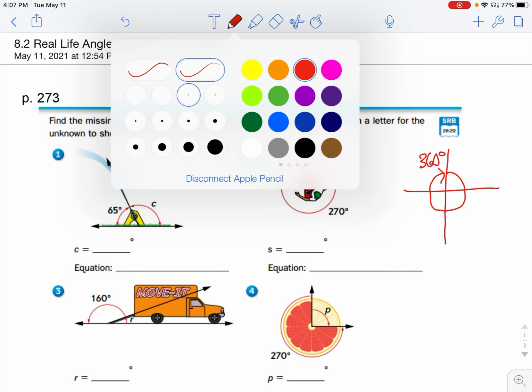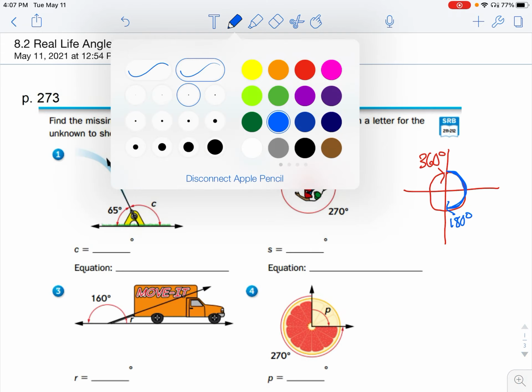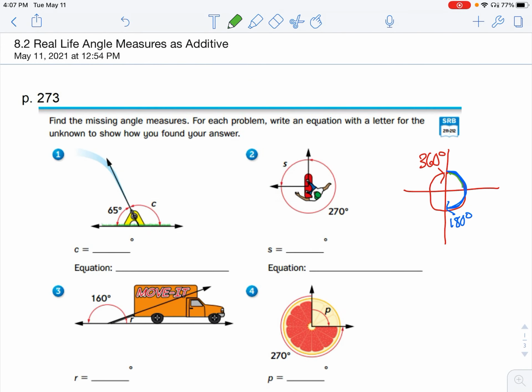And then, therefore, half a turn, what's half of 360? That would be a 180 degree angle. Beautiful. And you know as well, a quarter turn would just be, do you know what we call this? A 90-degree angle. Or if you were saying right angle, you're correct too. Those terms are both true.